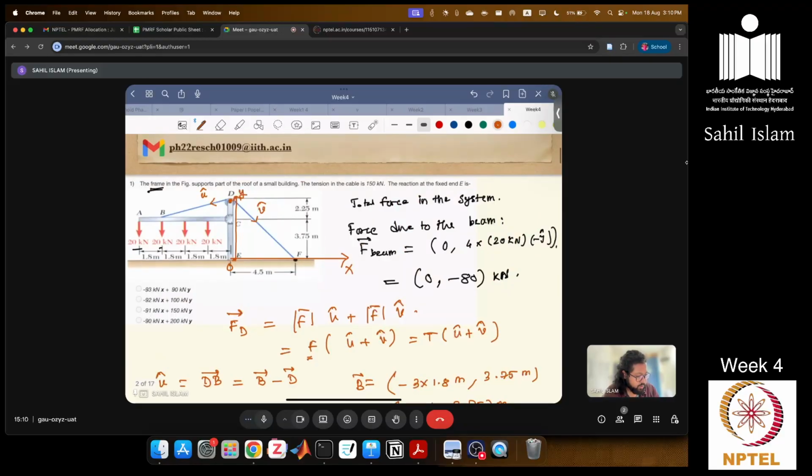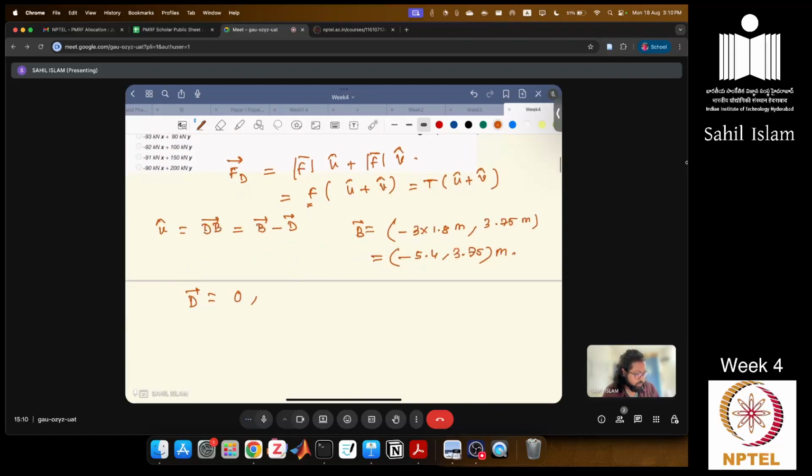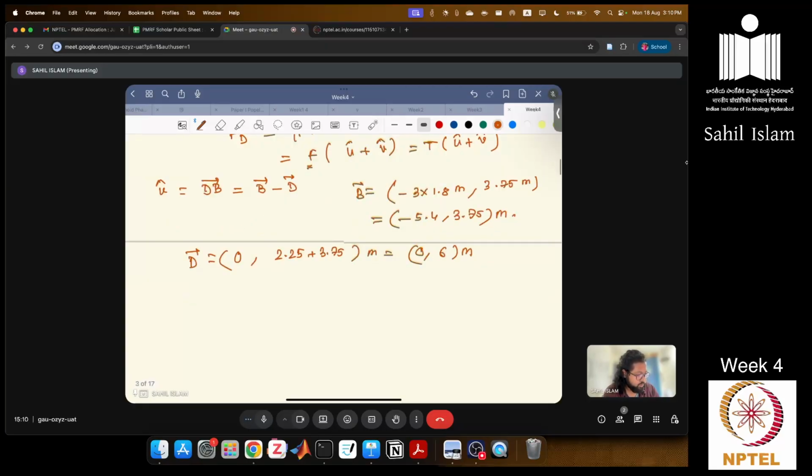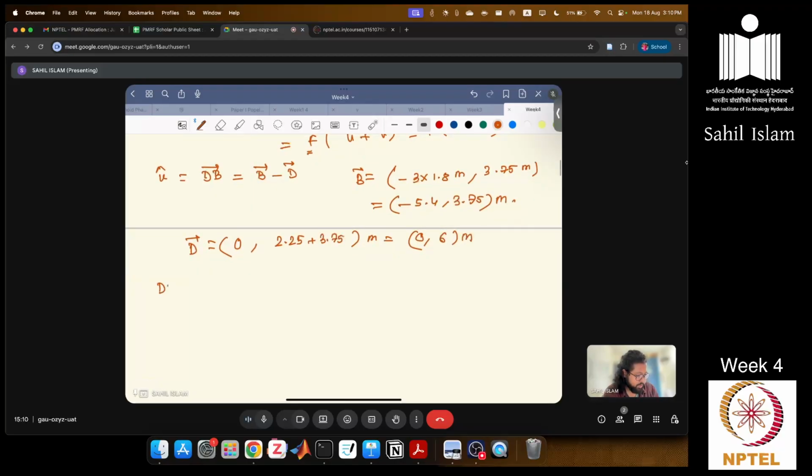D is, in the x direction, 0, and in the y direction, 2.25 plus 3.75, so 0 comma 2.25 plus 3.75 meter, which gives 0 comma 6 meter. So dB becomes B minus D, which is minus 5.4 comma minus 2.25 meter.